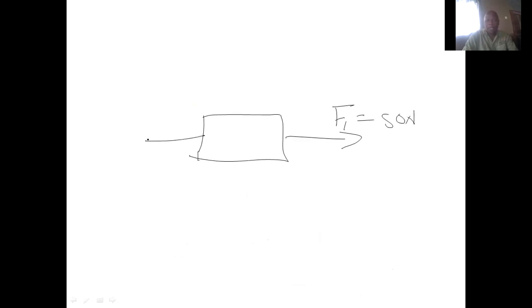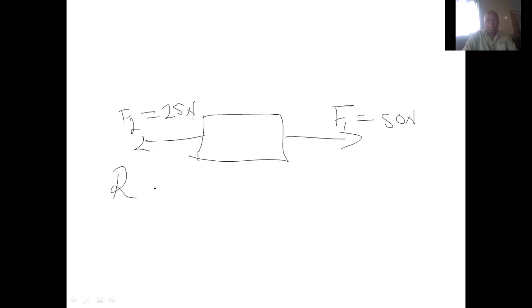Another example of a resultant force is, as I indicated, if you have one force, force 1, which is 50 newtons, and we have force 2, which is 25 newtons, and we have to find the resultant.